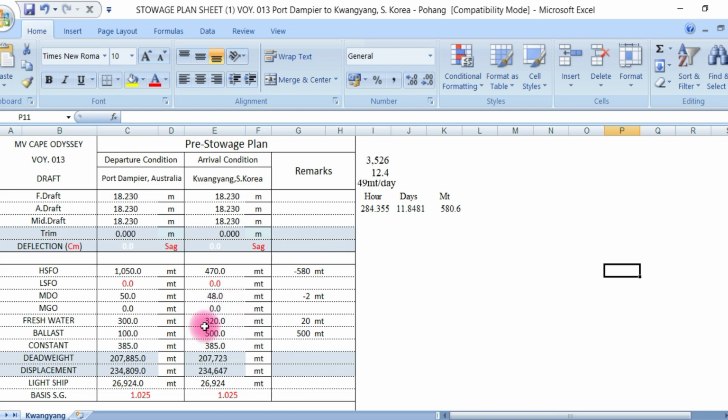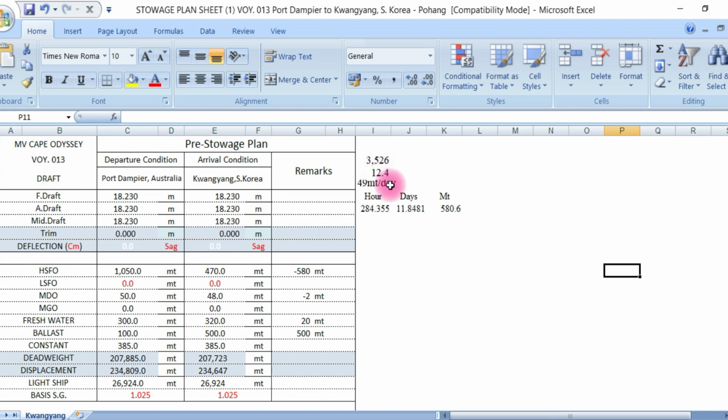He has a production of freshwater, ROB is 320, and his constant is the same, 385, and his density is 1.025.